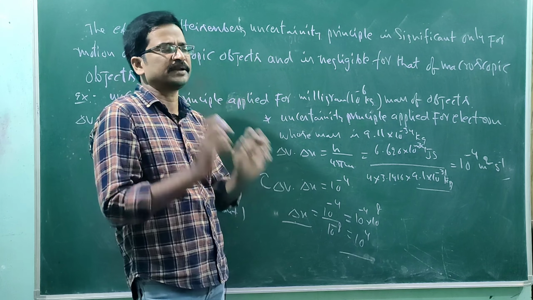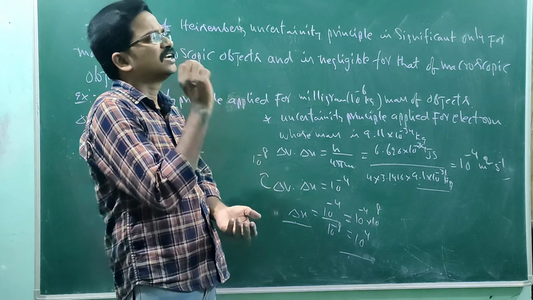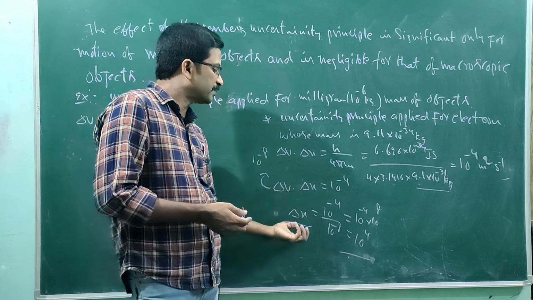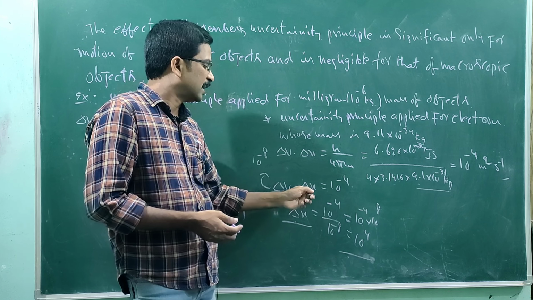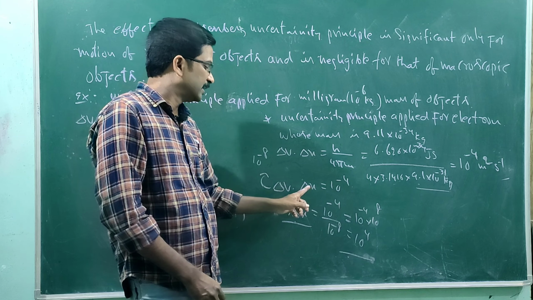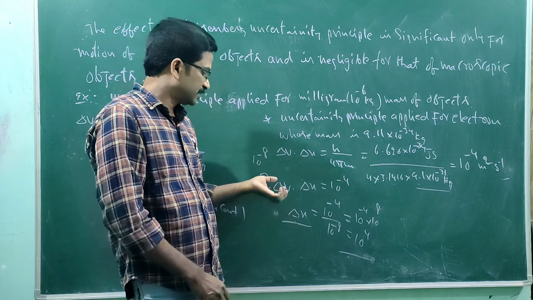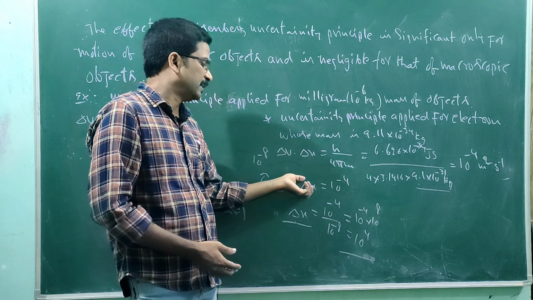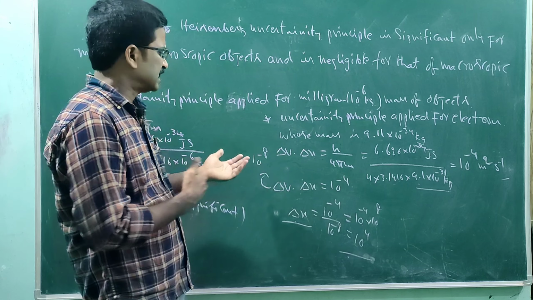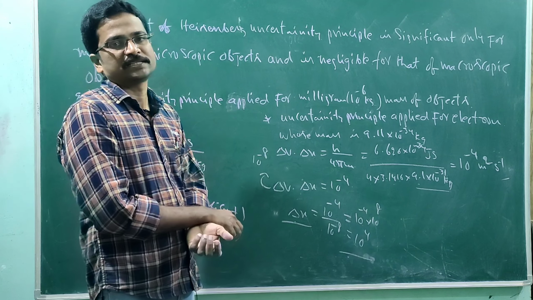According to Heisenberg, we cannot determine position and velocity simultaneously. If one is fixed, the other changes; if the other is fixed, this one changes. Uncertainty is larger here, and lower there. That is the reason why uncertainties change for smaller particles.